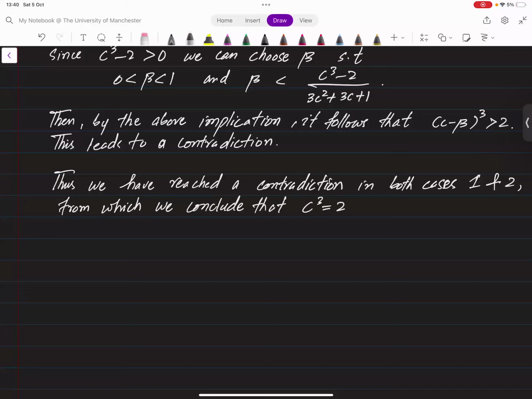Hence, we have just shown that this is the real cube root of 2.